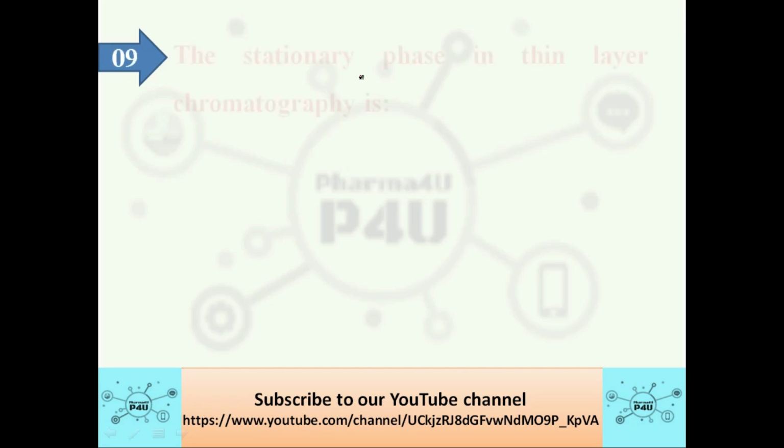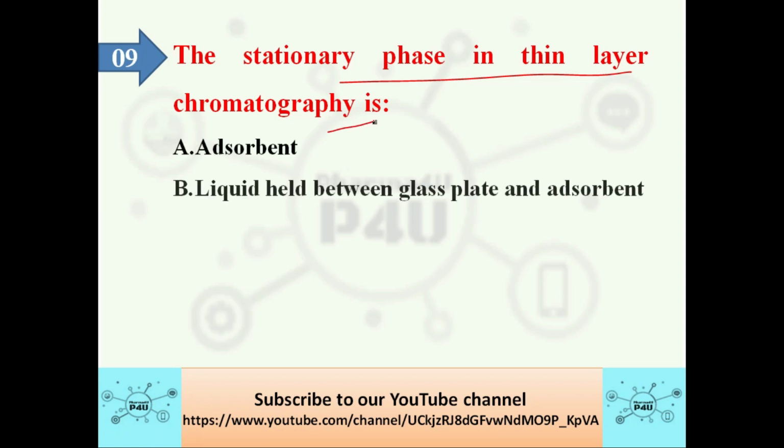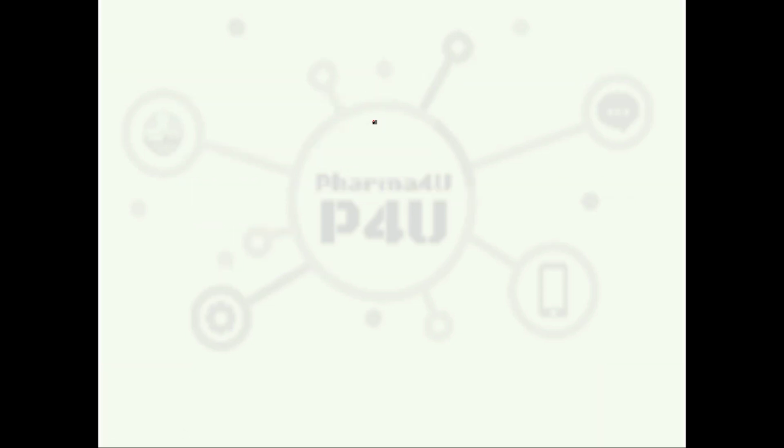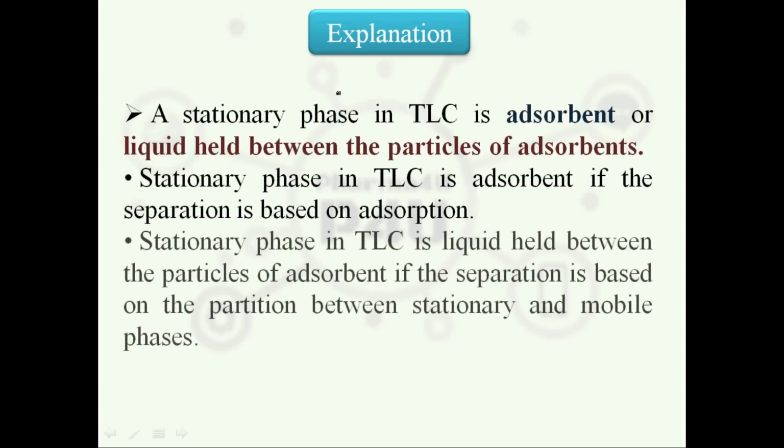And now the next question is: the stationary phase in thin layer chromatography is, option A adsorbent, option B liquid held between glass plate and adsorbent, option C glass plate, option D none of the above. So the stationary phase in thin layer chromatography is adsorbent. Here we have just an explanation on this: the stationary phase in TLC is adsorbent or liquid held between the particles of adsorbent.